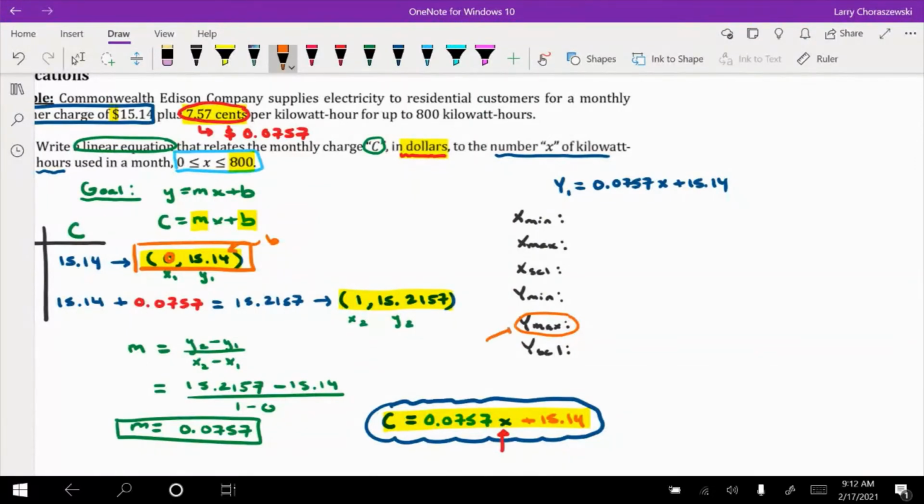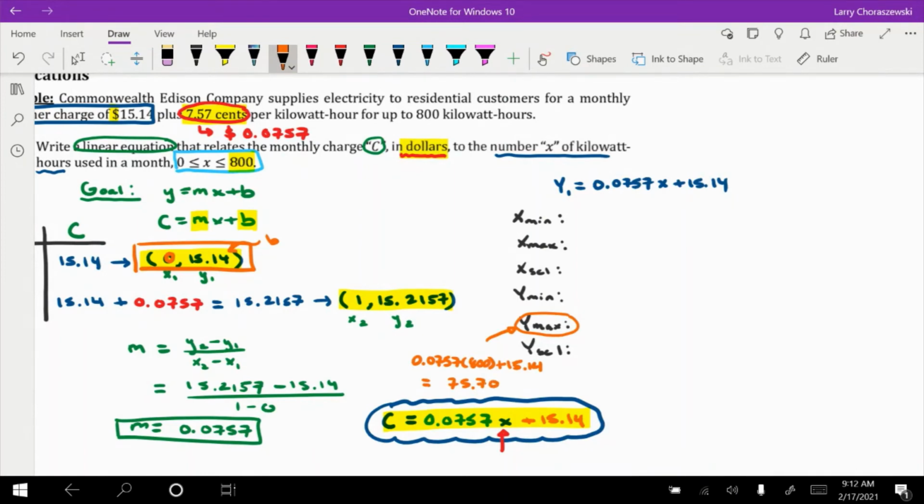Okay, so to help out with this Y max value, we can plug 800 in for X, so 0.0757 times 800 plus 15.14. And when you do so, this comes out to $75.70.